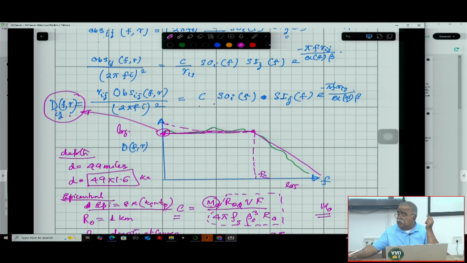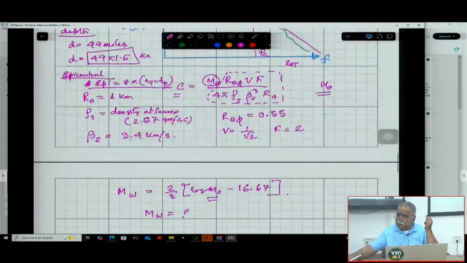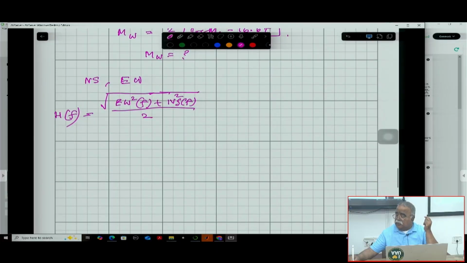Therefore the R value will be equal to the square root of the epicentral distance squared plus the depth squared. That's the square root, right? Because this is the depth of the earthquake, this is the D, and this is the epicentral distance.